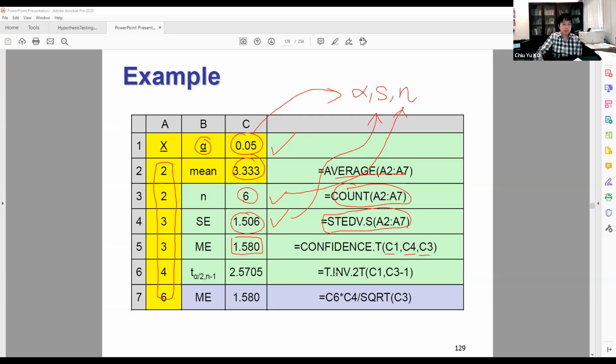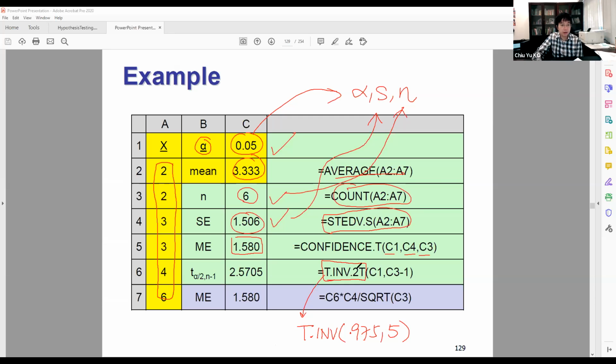Alternatively, you can use two-tailed. We didn't talk about this, but this is the same as you do T.INV.2T with alpha 0.05. You can use 0.975 with T.INV, degrees of freedom is 5, and this will give you the same answer here.